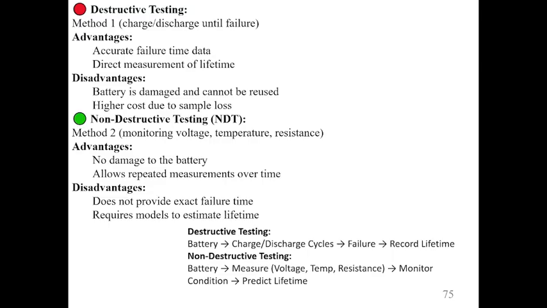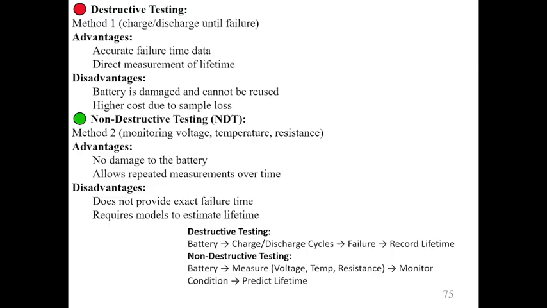In practice, engineers often use a combination of both methods. The destructive testing provides accurate lifetime data for model development, while non-destructive testing is used for condition monitoring and predictive maintenance in real-world applications.